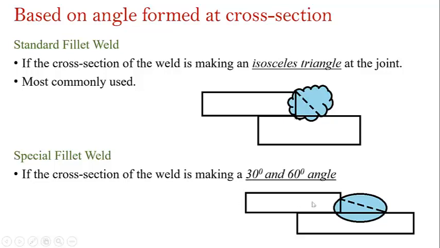Whereas in the special fillet weld, the angle is not 90 degrees as provided in the standard fillet weld. Instead, the angle can be 30 degrees and also 60 degrees. So when you find the angle of cross section making 30 and 60 degrees, then you can call such a type of weld a special fillet weld.